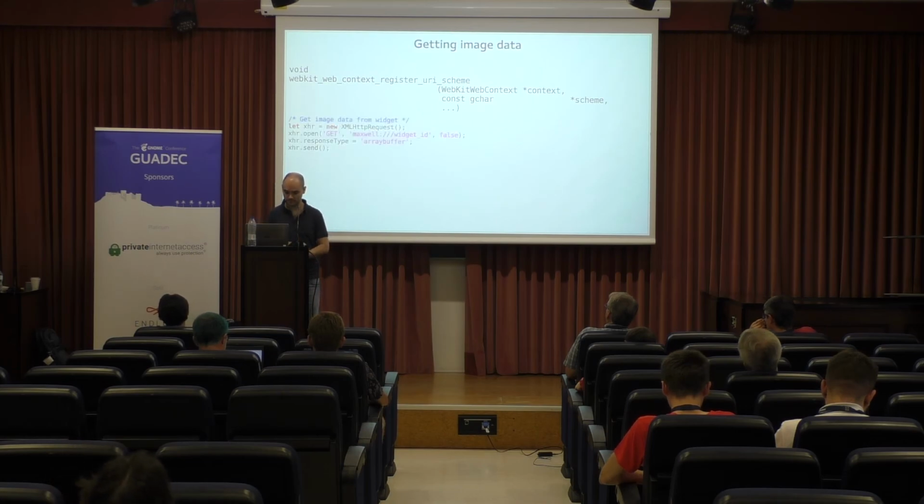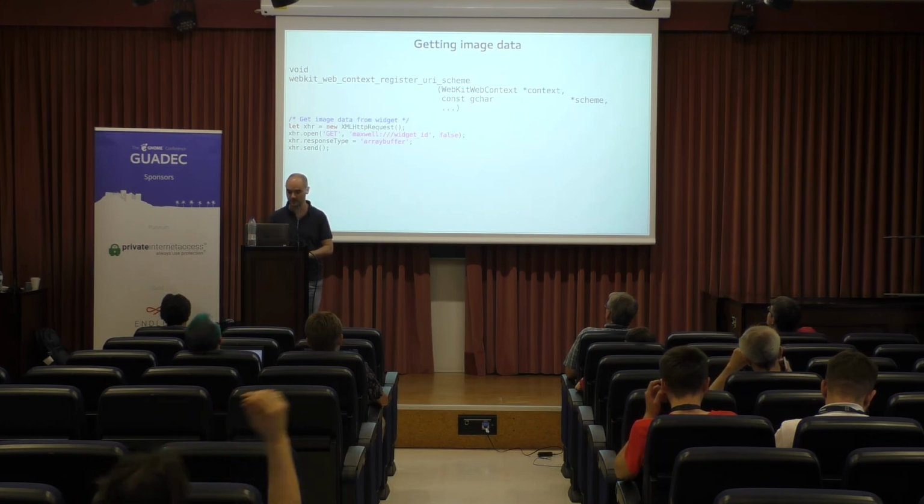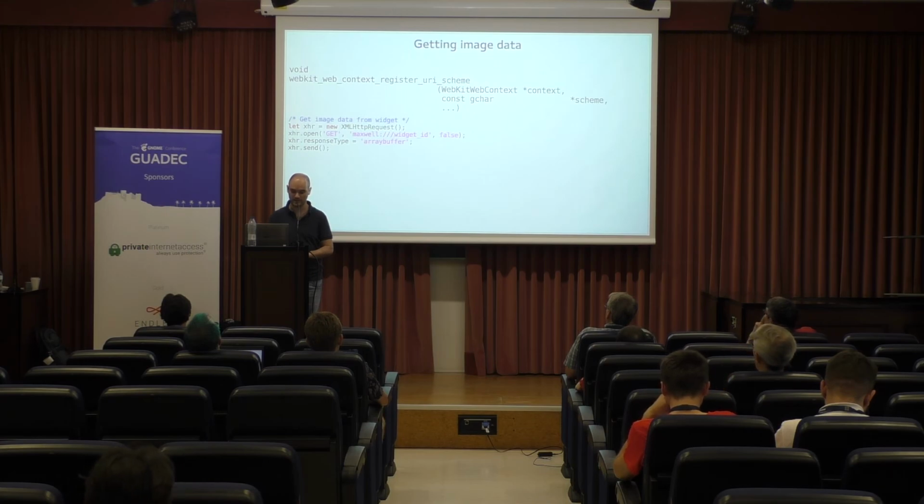So that's what I did. I created a Maxwell custom URI. From the JavaScript side, all you have to do is create a new request with the widget ID that you want to get the data from.